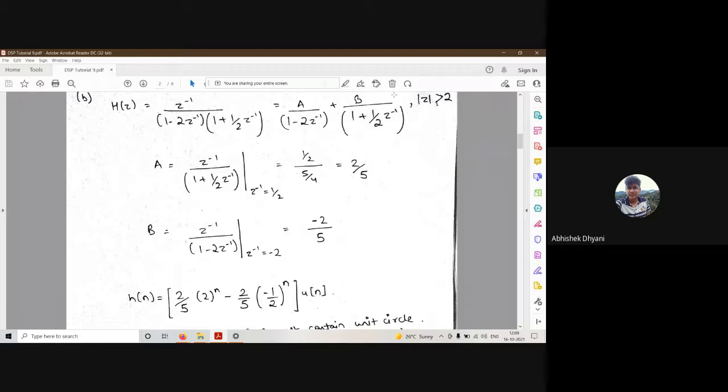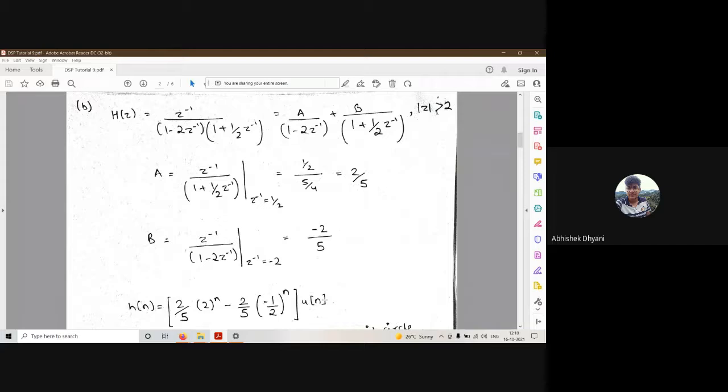Similarly, for this part, we will have minus 2/5 times (minus 1/2)^n u(n). So this was also quite straightforward. This was only about the z transform of the difference equation, and then we took the inverse z transform of the system function.